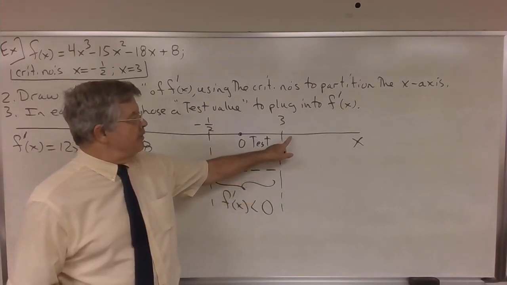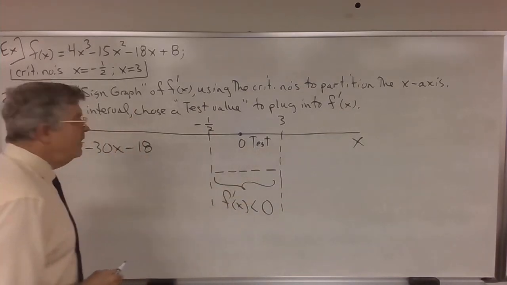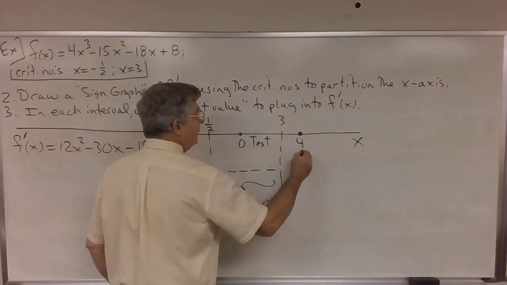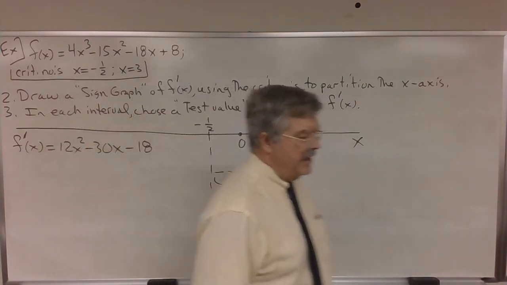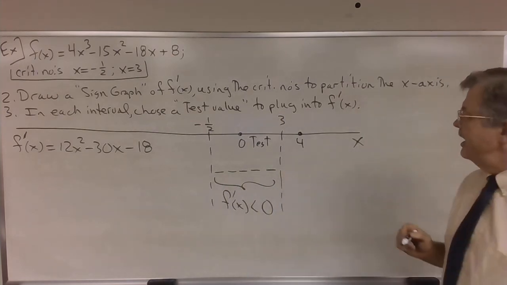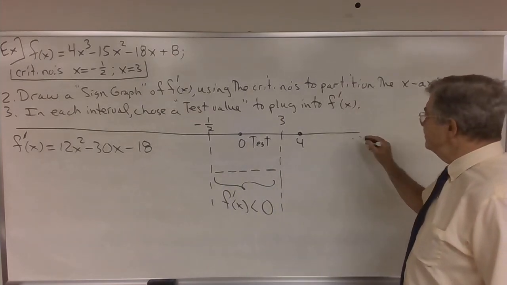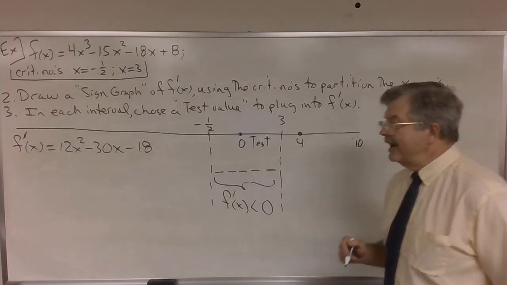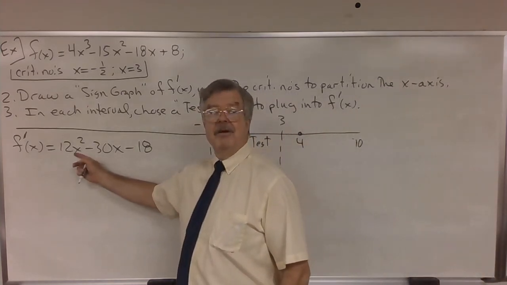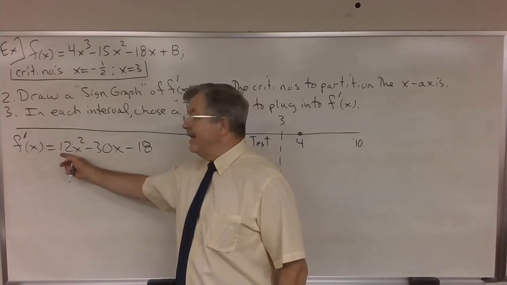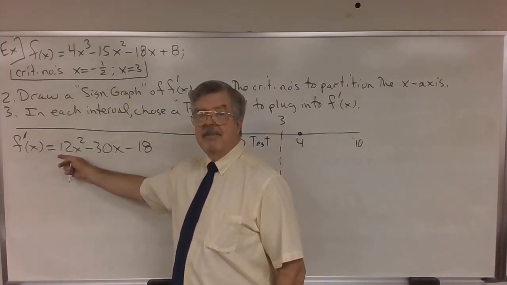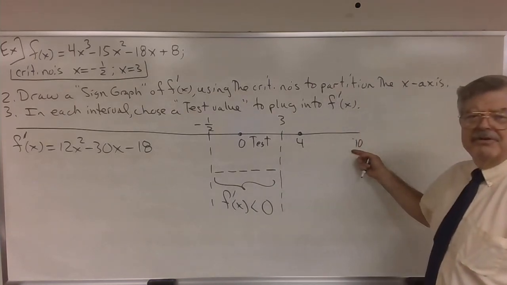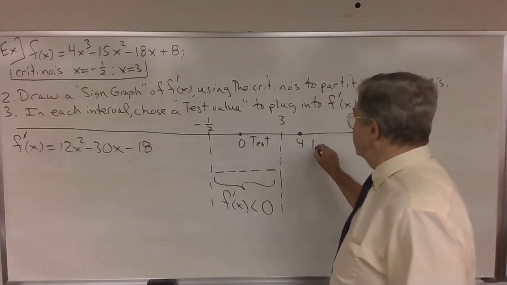Now, test point over here. Well, pick a whole number for sure, and 4 is good. And by the way, believe it or not, the number 10 is also a good test point. Think about it. 10 is an easy number to square. We get 100. And then it's easy to multiply by the coefficient. So 10 is oftentimes a good test value also.